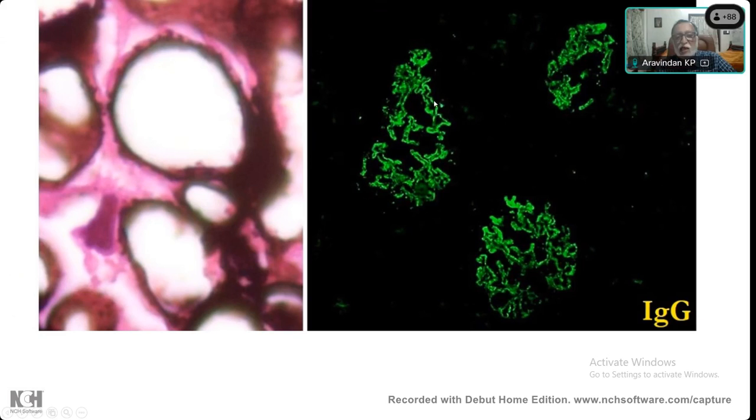IgG positivity all along the capillary wall. Just as you see in this picture, mostly granular positivity all along the capillary wall is the typical presentation. C3 is usually not seen to that extent. Sometimes mild C3 positivity may be there.